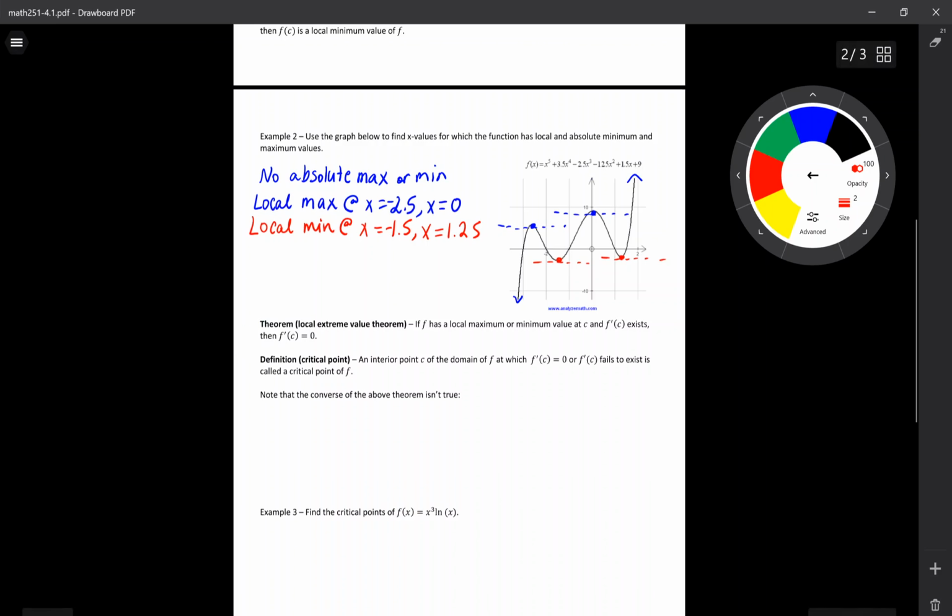What does that mean? Well, just because f prime of c is equal to 0 does not mean that I have a local max or min there.